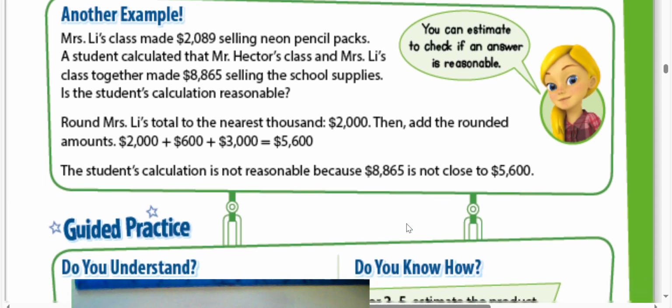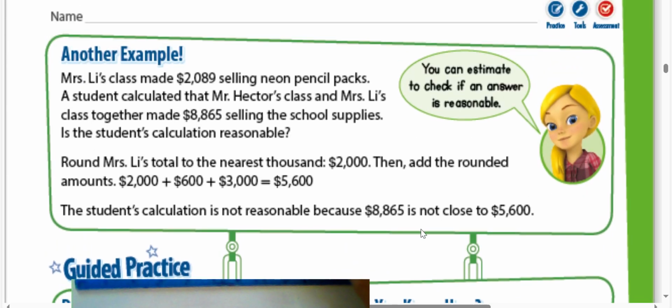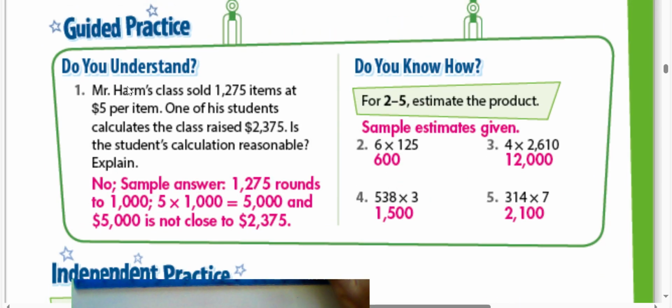But this solution here tells me the answer is not close to the reasonable number. Okay, the student's calculation is not reasonable because 1865 is not close to 5600. Understood? Okay, next question.